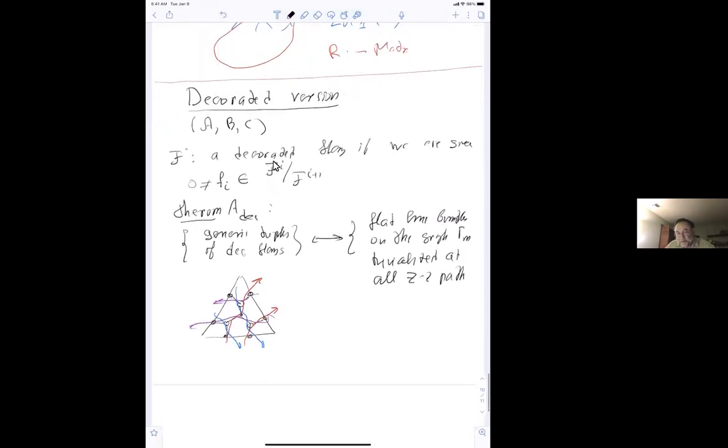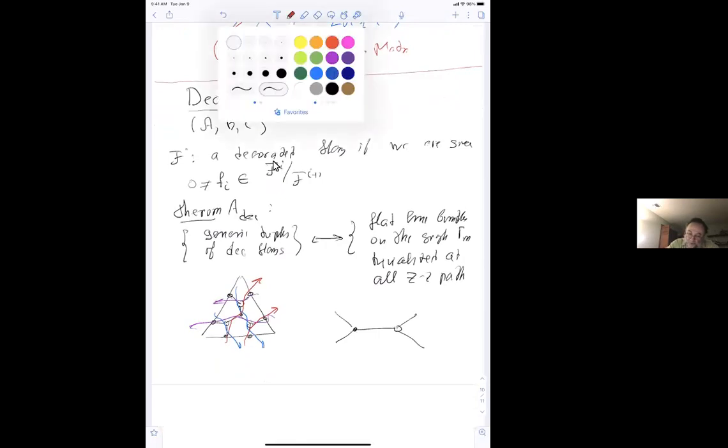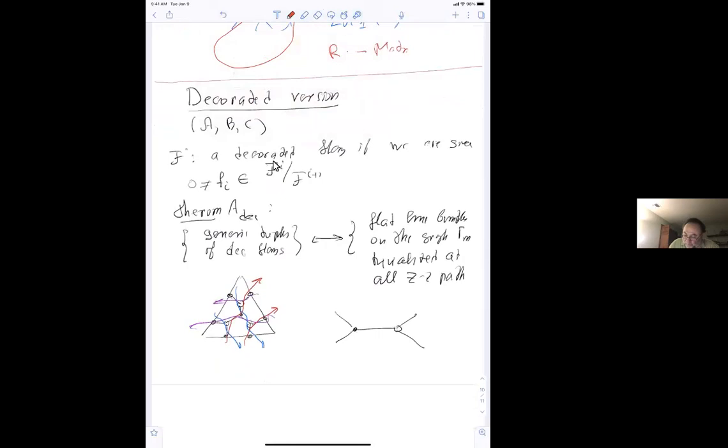The same holds in general, so you can do this for graphs which sit on a surface and so on. But the main observation is that when you have an edge of such a graph, there are exactly two zigzags which pass through this edge. You can go this way, or you can go the other way.